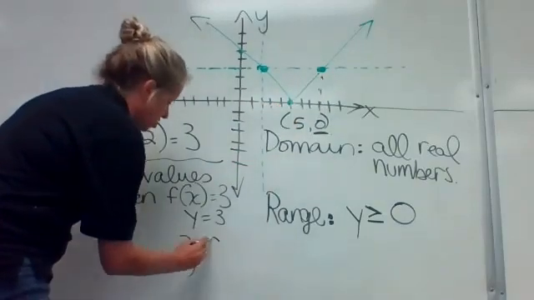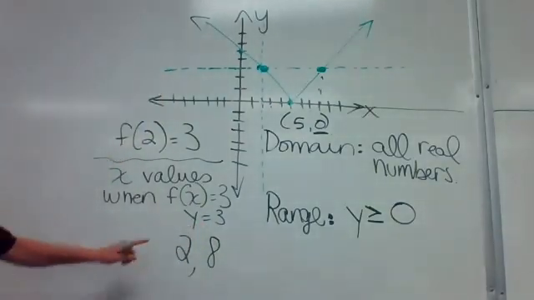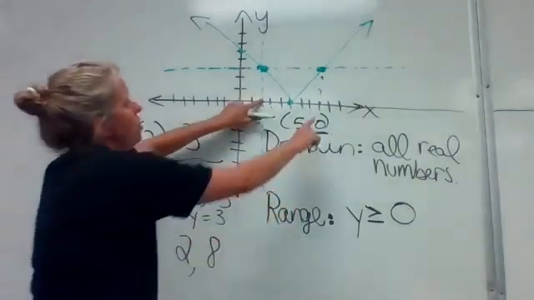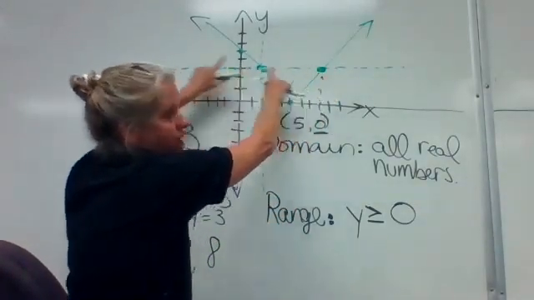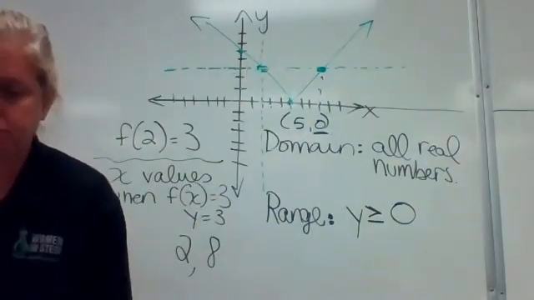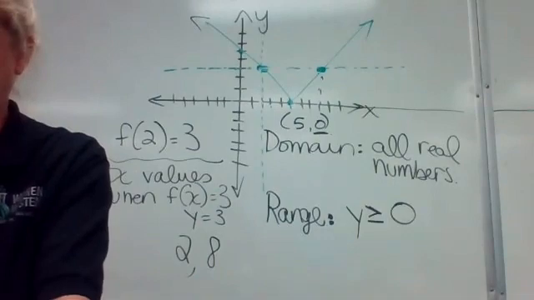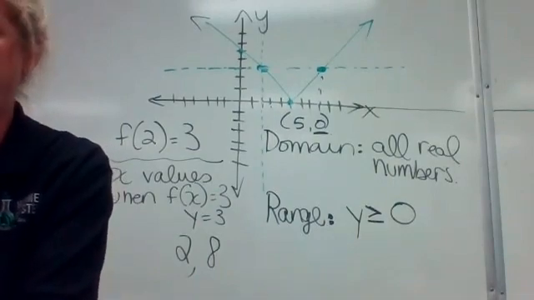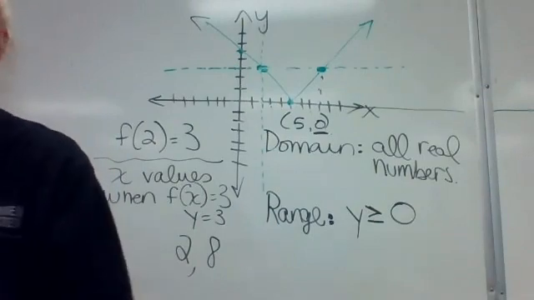So the x coordinate of that one is 8. So the points 2 and 8 for the x both line up with that y value being 3. Okay? All right.